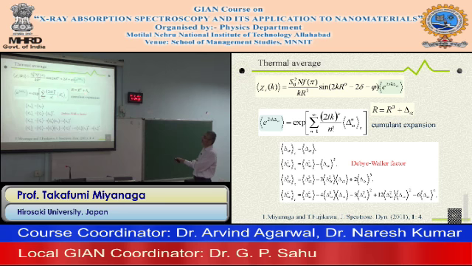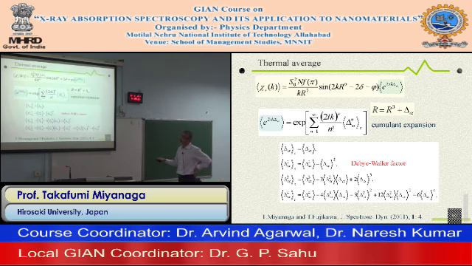Delta alpha is a displacement from the average distance. So our thermal average is concentrated on the thermal average of this function.